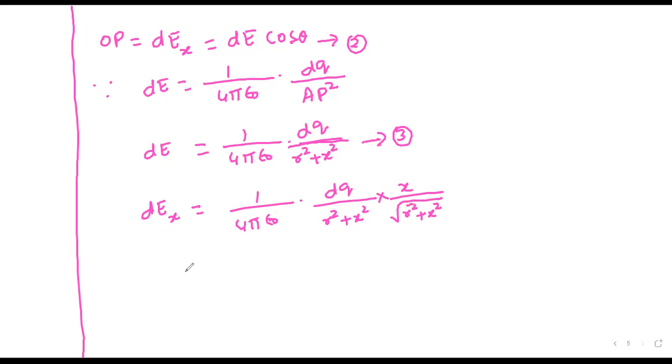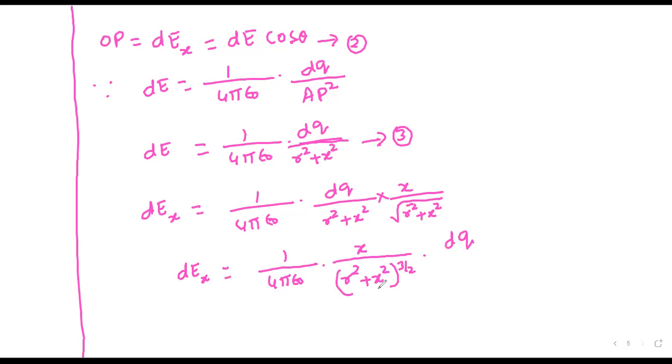So dEx is equal to 1 by 4 pi epsilon naught times x by R square plus x square whole power 3 by 2 times dq.